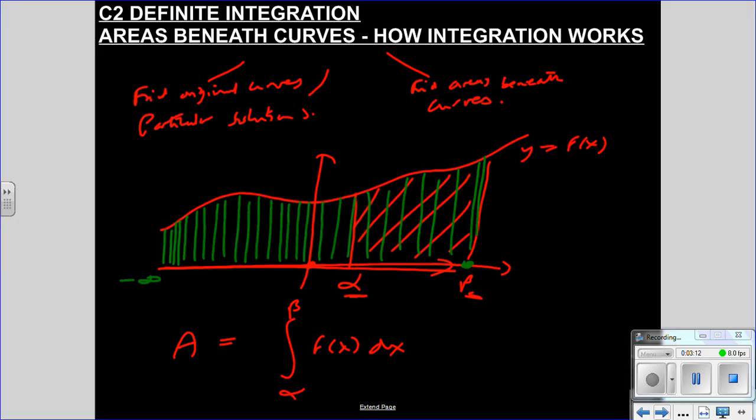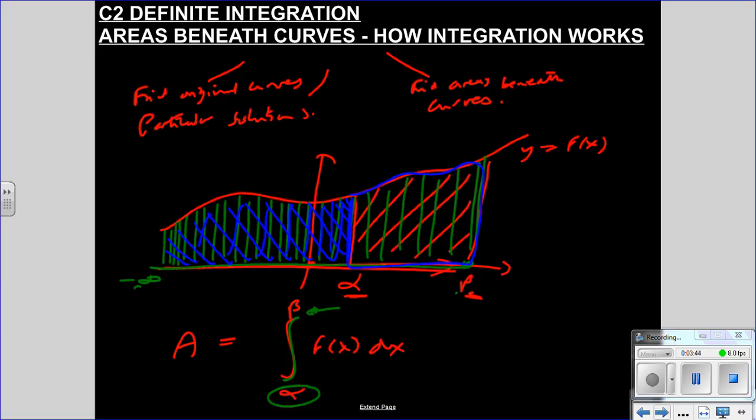How does this work then? What's this mean? This means add up all the area up to b, up to beta, okay, from minus infinity to beta, and then our lower limit alpha means subtract all of the area up to alpha. So if I subtract everything up to alpha, again the infinite number of lines up to alpha, then you're left with the area that you want, okay?